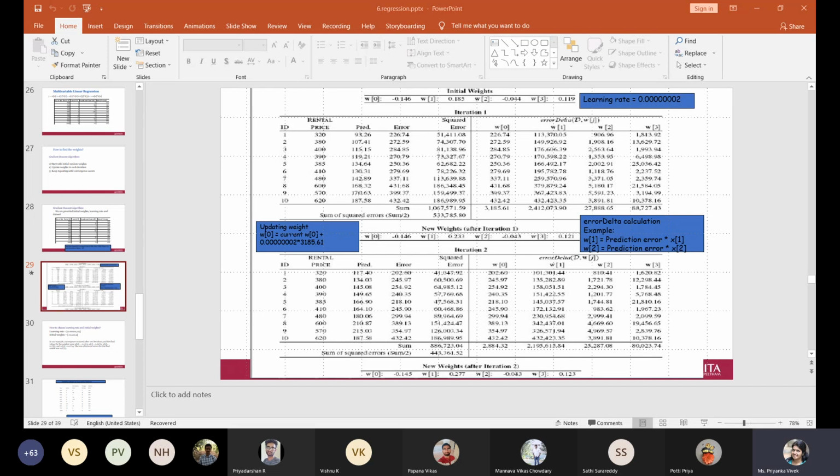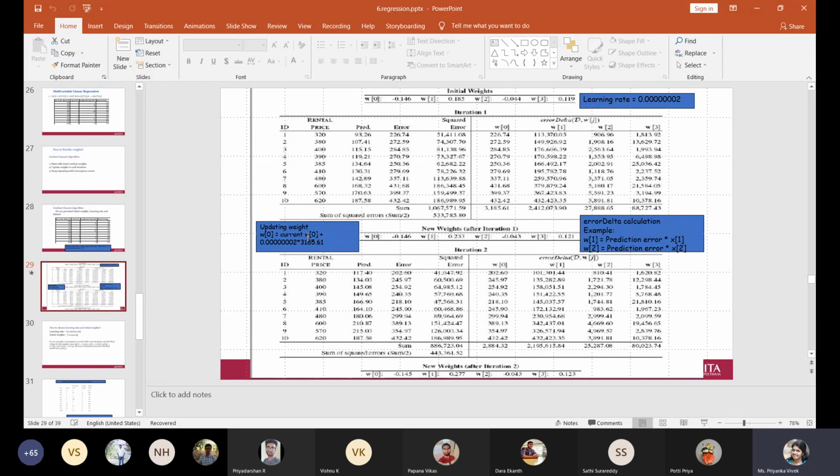Eknath, are you here? Can you try for W1? I'll just tell you how you find W1. The previous value of W1 is here, 0.185. Now our formula is like this: W1 is equal to current W of 1, which is 0.185, plus the learning rate.